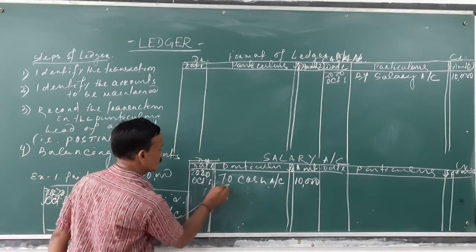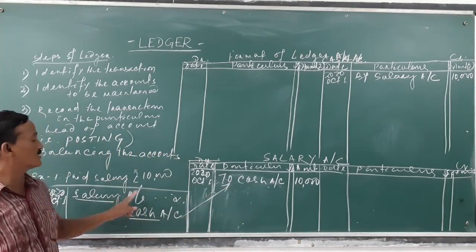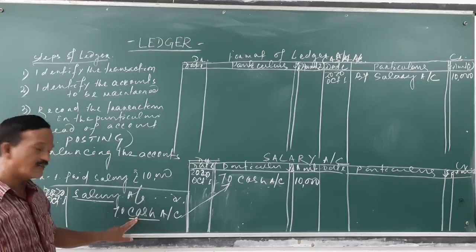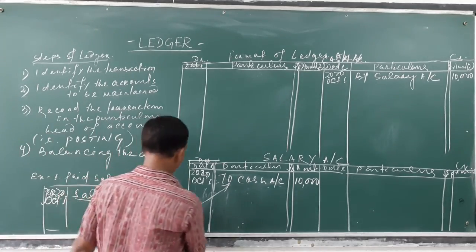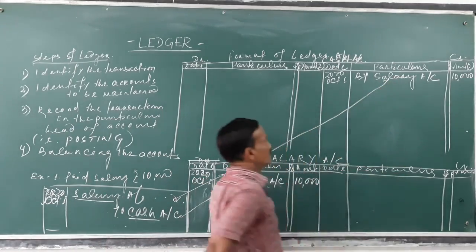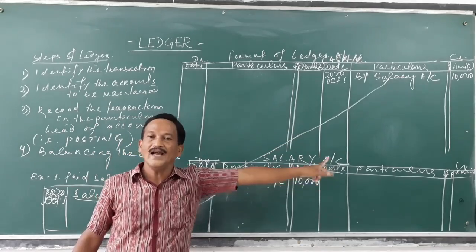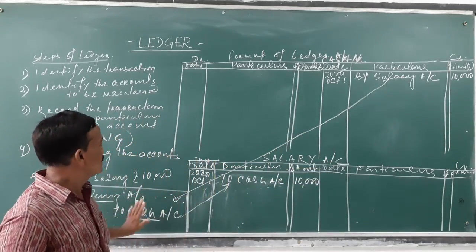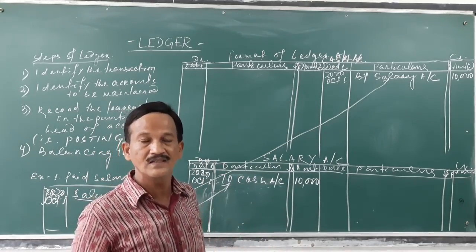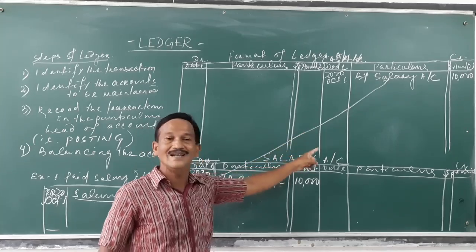Since the cash account is credited, in the cash account's credit side we write "by salary account." So this is the best mechanics, a very simple way of pushing the journal transaction to the ledger account.